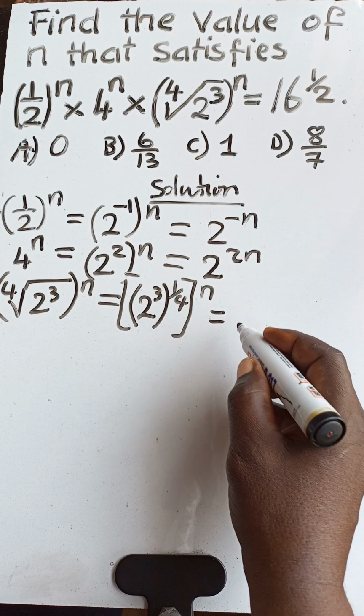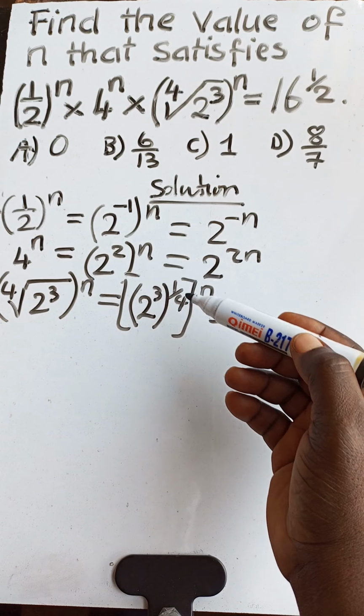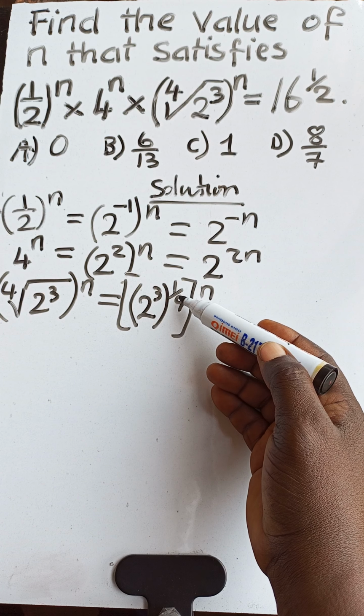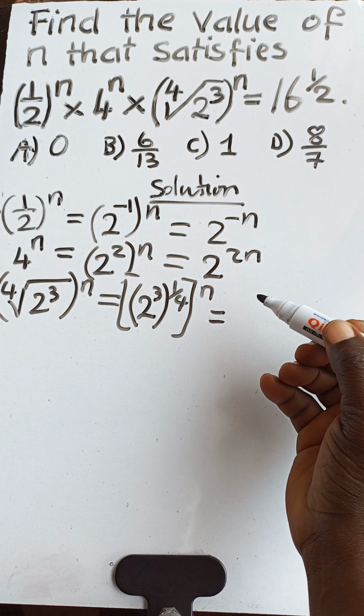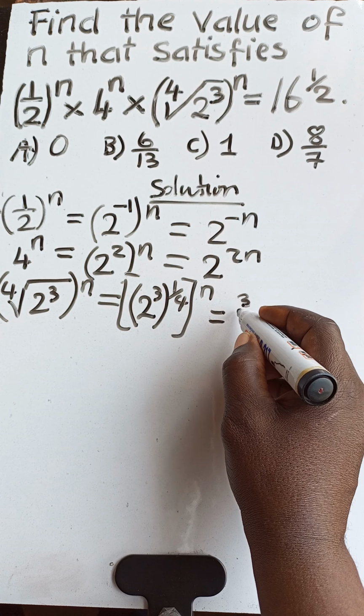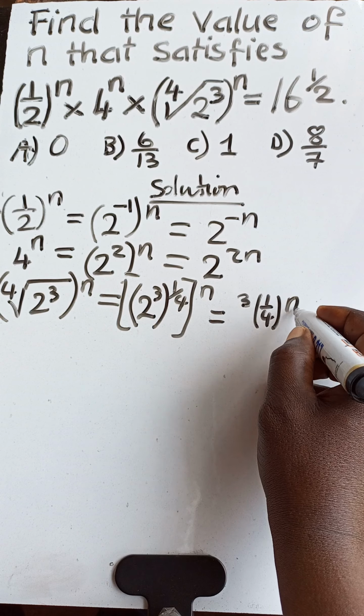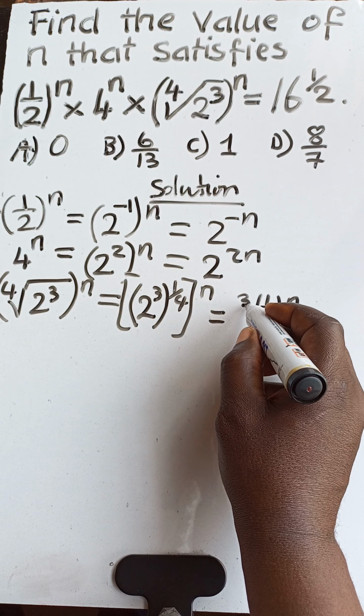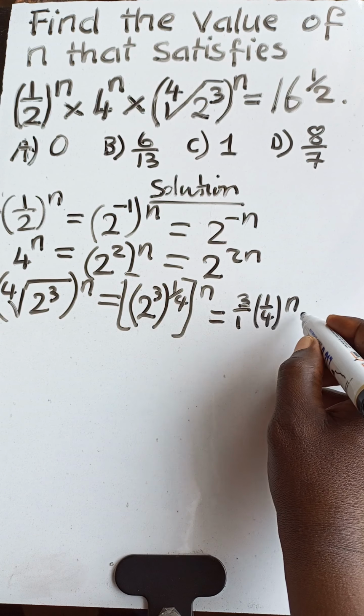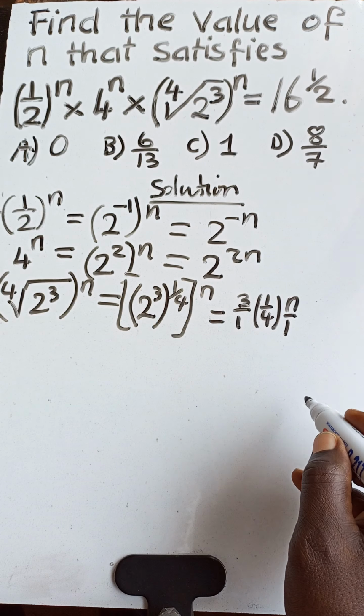Okay, so we carry out the same thing that we've been doing with the rest. This power multiplied by this power multiplied by this power. So we're going to have 3 multiplied by 1 quarter multiplied by n. Since this is a fraction, 3 can also be written as 3 all over 1, and n can also be written as n all over 1.